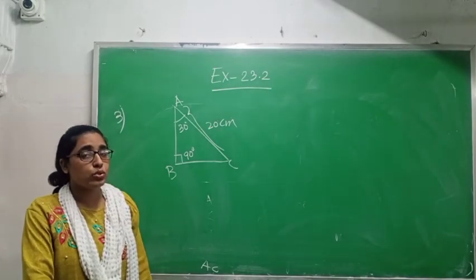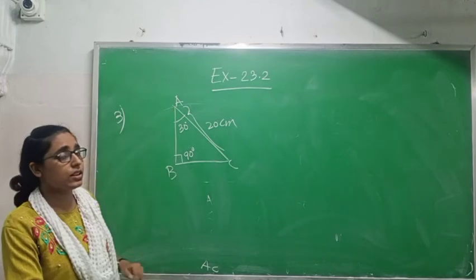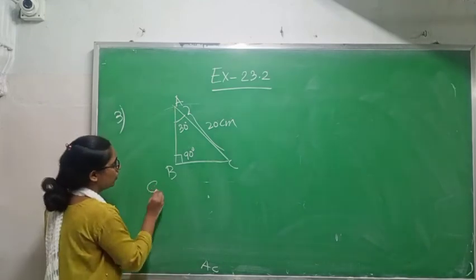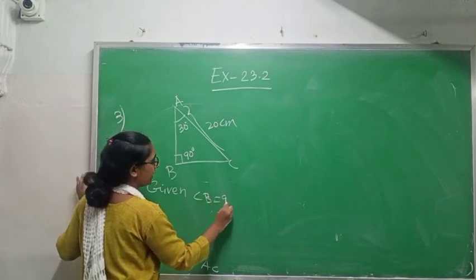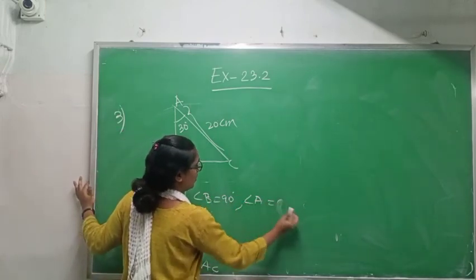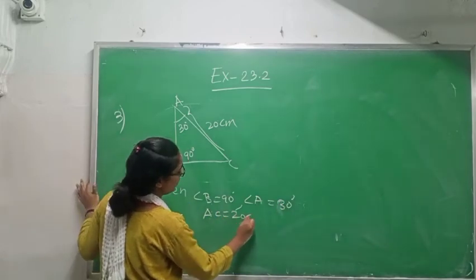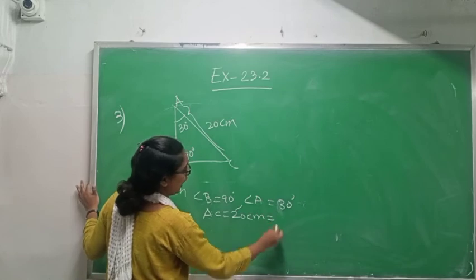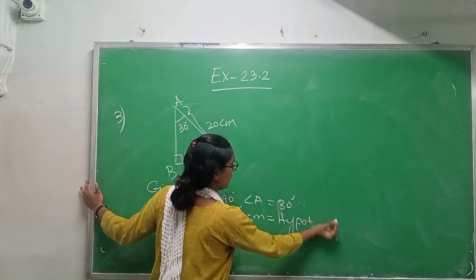But in this question one more thing is given, this angle, which is 30 degrees. So the given part is: angle B equals 90 degrees, angle A equals 30 degrees, AC equals 20 centimeters, which is the hypotenuse.